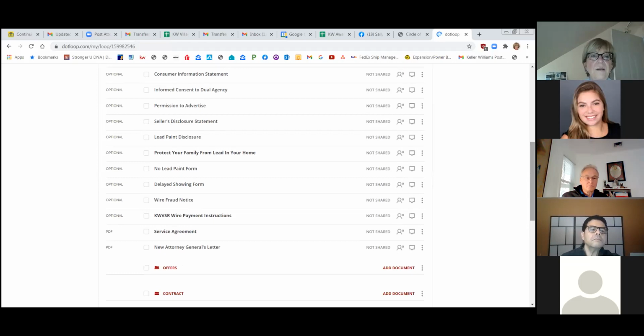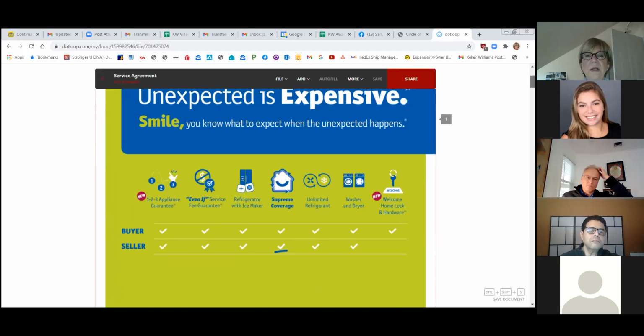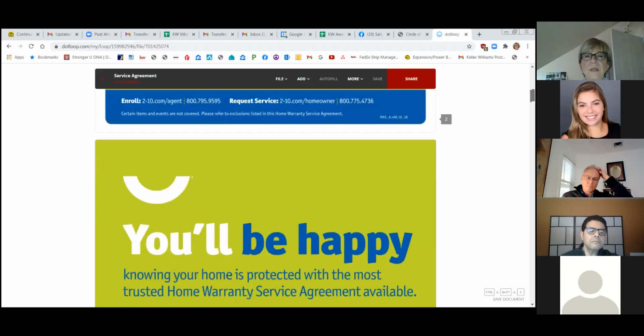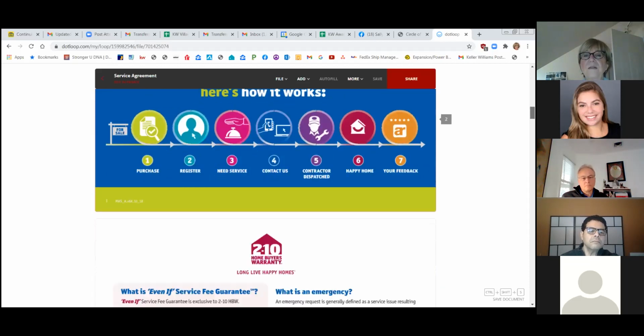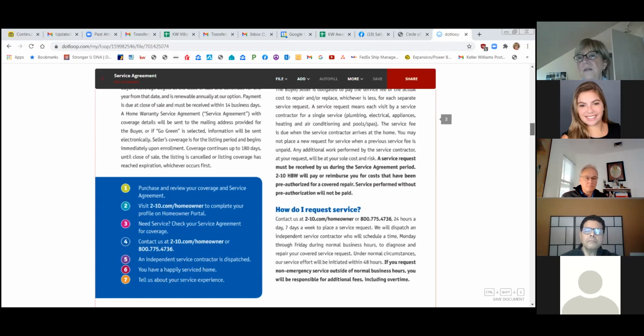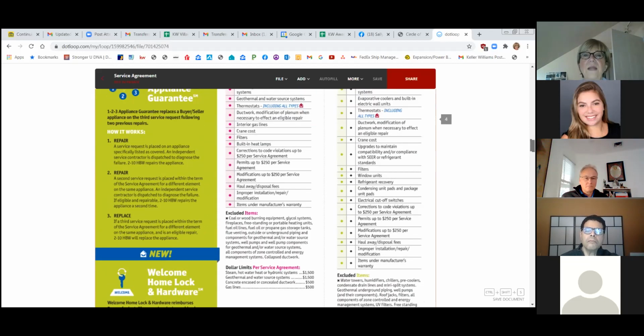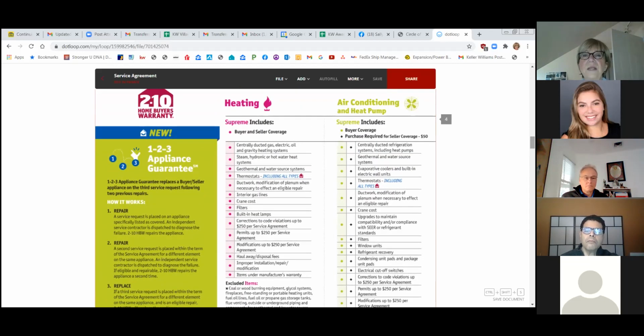And then the other thing I'll just make you aware of, where it says service agreement, sometimes sellers like to put a home warranty on their house so that the buyer can feel like, hey, if they move into the house and something goes wrong, they're covered with an insurance policy. And in this, it explains what's covered.